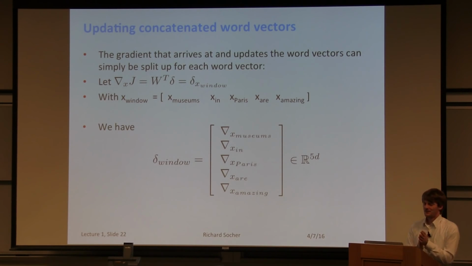All right. So the gradient that arrives at and updates the word vectors can, in the end, be simply split up for each of the word vectors. This is not really that intuitive, but it's very intuitive, though you might not derive it by yourself, so I want to make this very explicit. Generally, we'll get some update delta for the entire window.